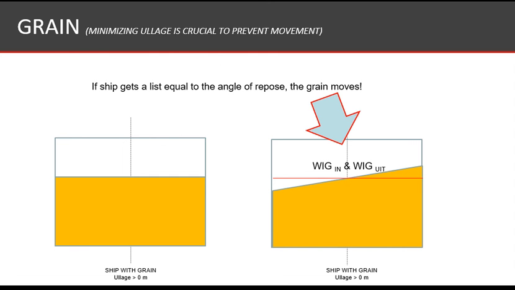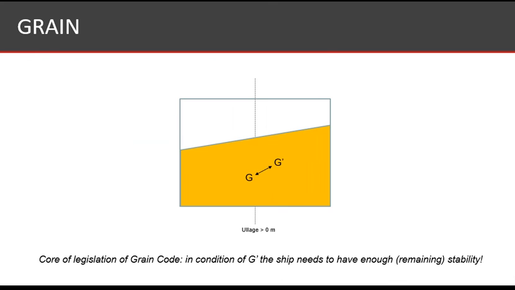We use a system out of mathematics where we look at the triangles, and we do it in another lesson. But what's indicated here is that we can calculate the amount of movement of the transverse center of gravity G to transverse center of gravity G accent. And we use these two triangles which are formed if the angle of repose is achieved.